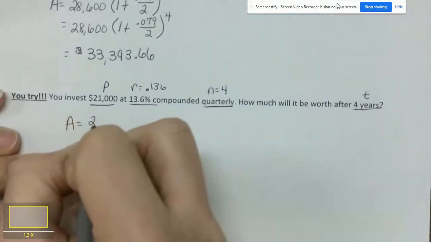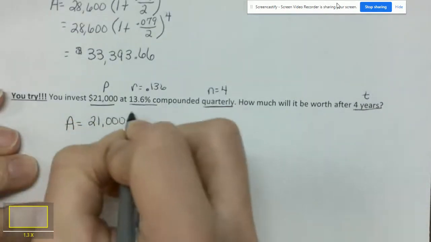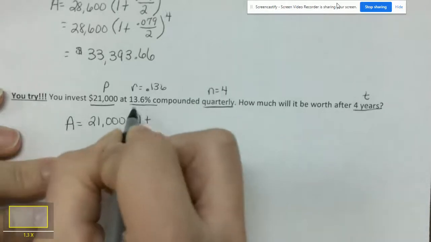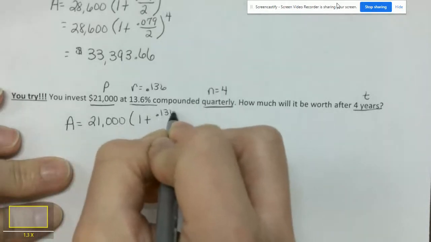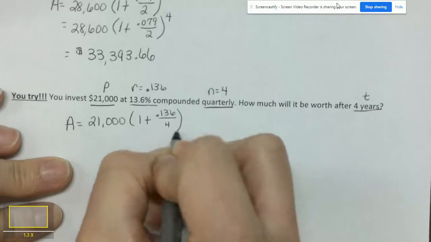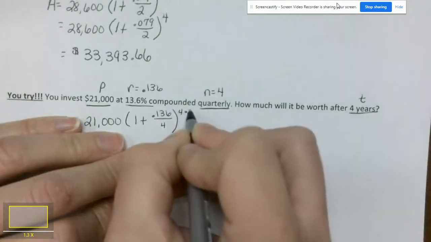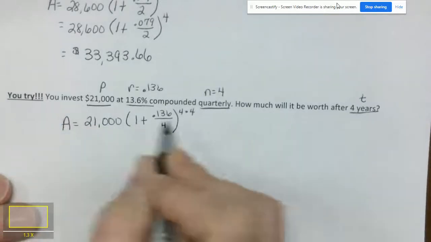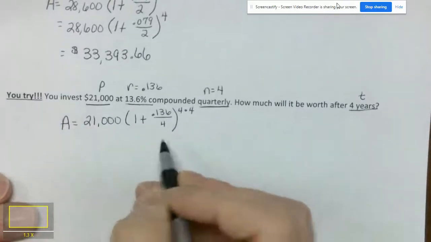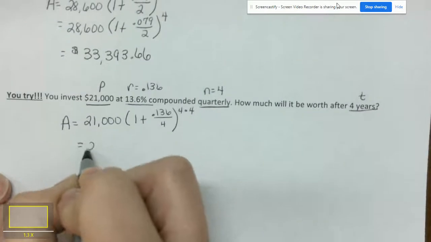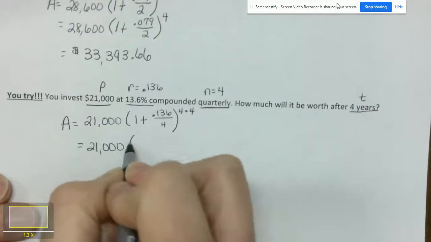A equals 21,000 times 1 plus R, which is 0.136, over N, which is 4, raised to the N, 4, times T, 4 power. Now, the only thing I'm going to simplify before I put this in my calculator is this 4 times 4, which is 16. So I'm going to simplify that.